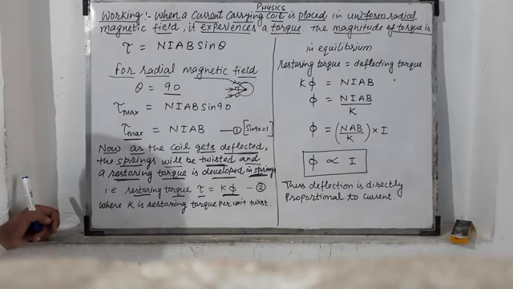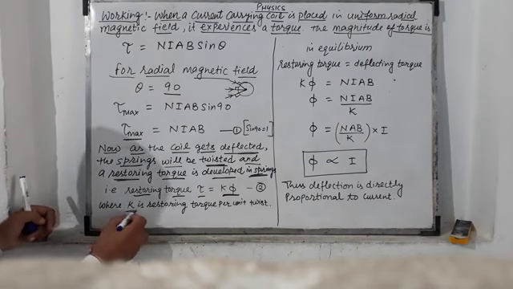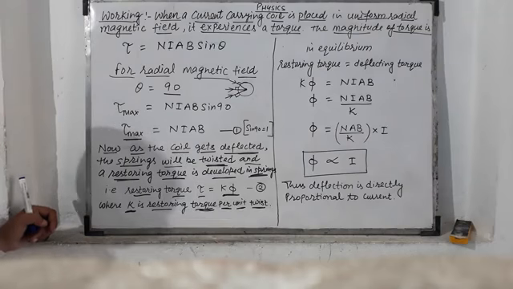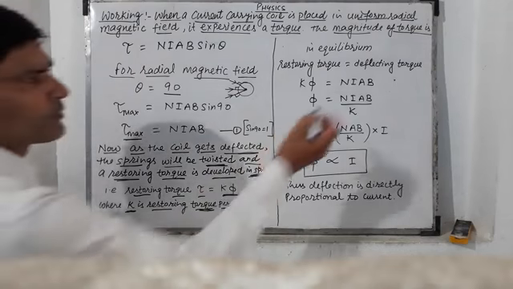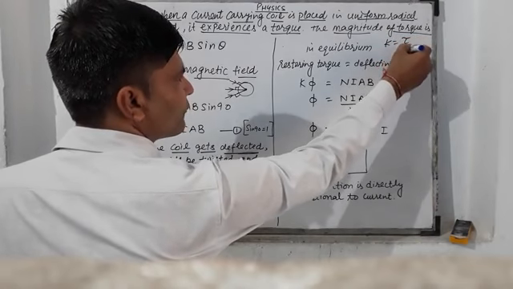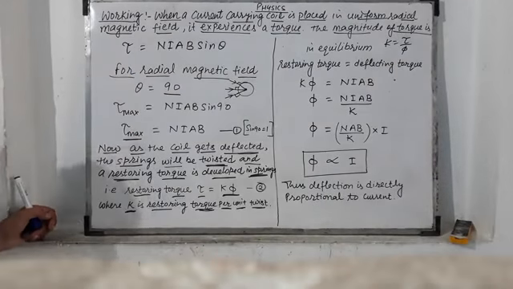K is a constant known as restoring torque per unit twist, because K is equal to tau upon phi.